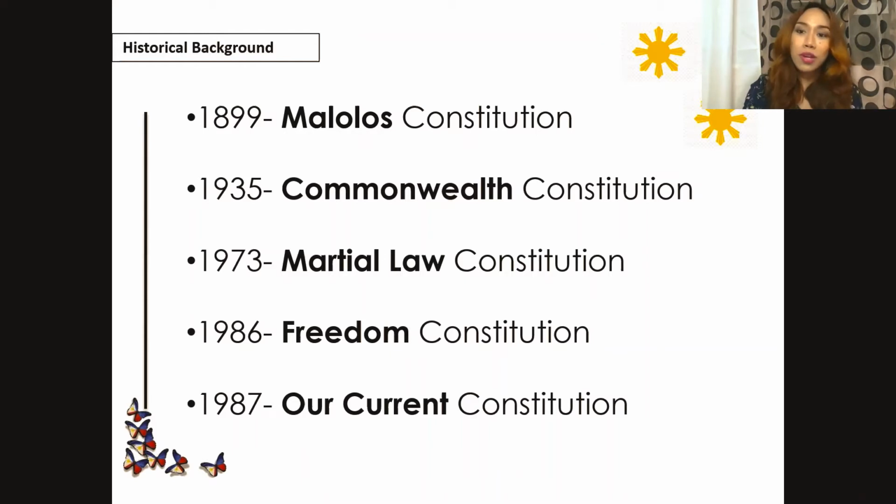Republic means we are a country of representation. In a Republic country, we elect leaders who will serve as our representatives in the government. That's a republic type of government.